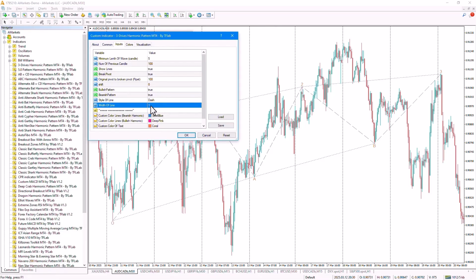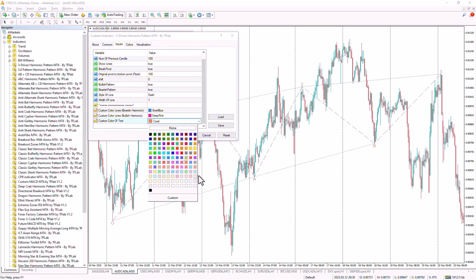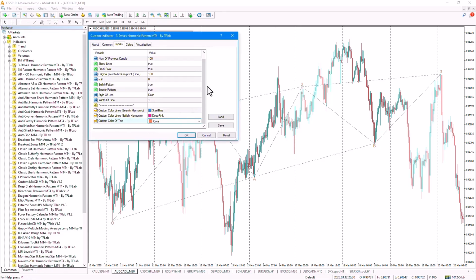If we set this option to a value greater than 1, the indicator will automatically display the harmonic pattern in a solid style. In the last section, we can change the color of the bearish harmonic pattern, the color of the bullish harmonic pattern, and the color of the harmonic pattern labels to any color we like.